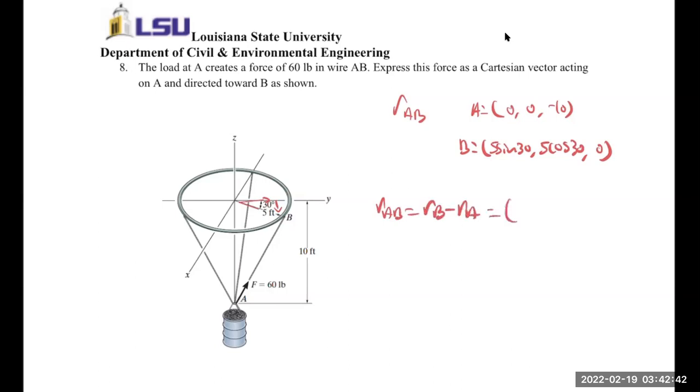That's equal to 5 sine of 30 plus 5 cosine 30, and plus 10, because 0 minus negative 10 is positive 10.